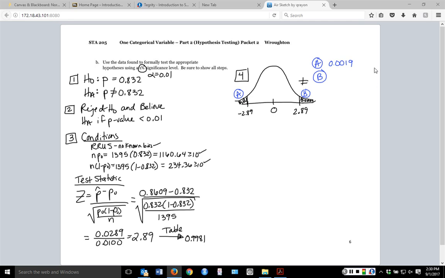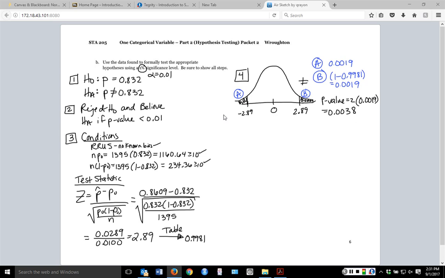But since it's shaded right of that number, I have to do 1 minus that piece, which also gets me 0.0019. So then my p-value is really these two numbers added together, which again ends up being 2 times one of them. That gives me 0.0038.